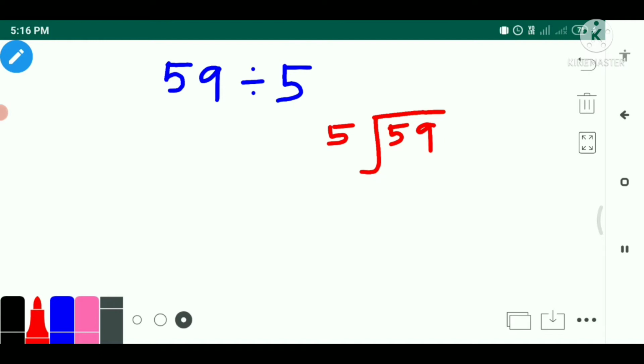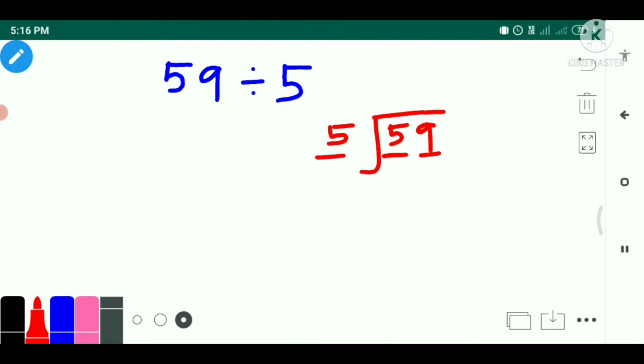In case of a two-digit number, first of all we'll see the tens place value. This one is the tens place value and this one is the ones place value. So 5 is there, and it is equal to the divisor.